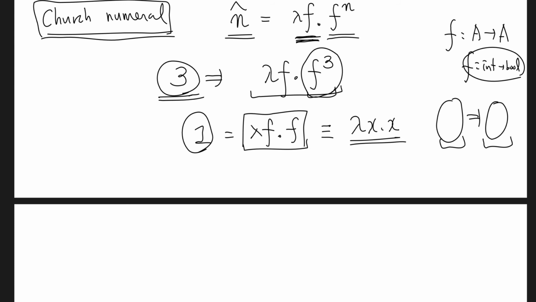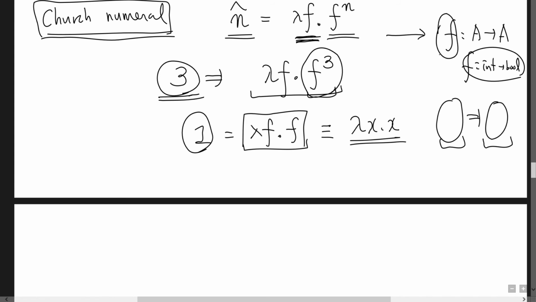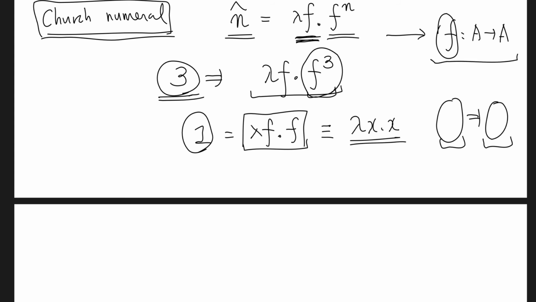So all I'm saying is that if we were to assign a type to this function f, it would have something like alpha arrow alpha. This is what is new in the encoding of Church numerals in System F, because now we have to deal with the types. So let's translate the Church numerals from untyped lambda calculus to System F.